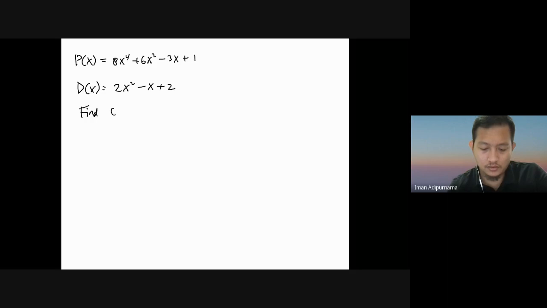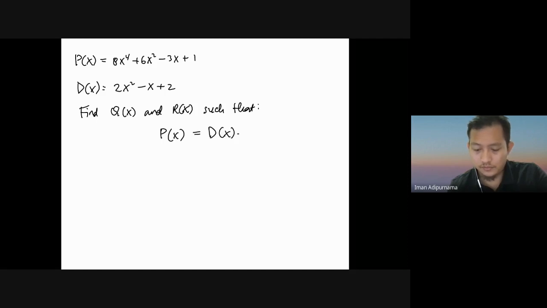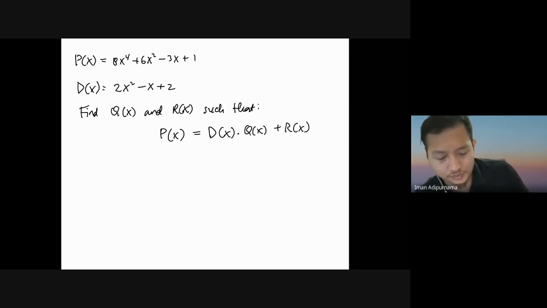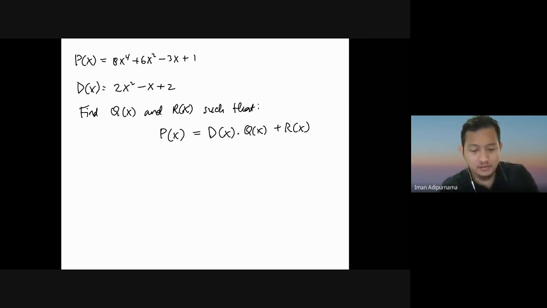Find Q(x) and R(x) such that P = DQ + R. Basically, you need to divide P by D to get Q and R, but I'm writing it in other terms that are similar to our definition of long division.